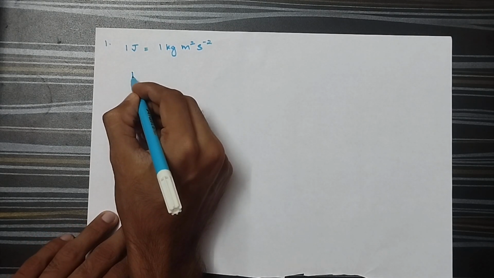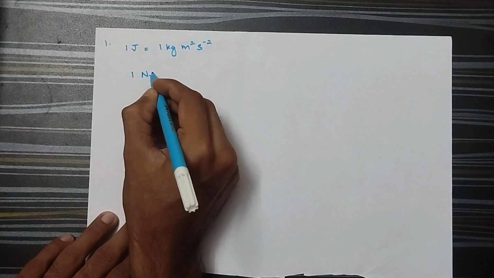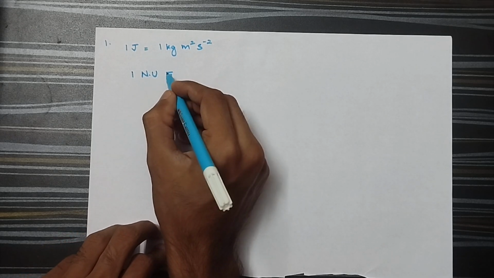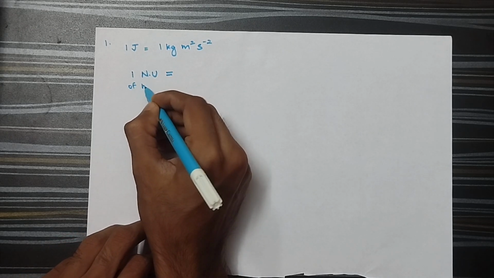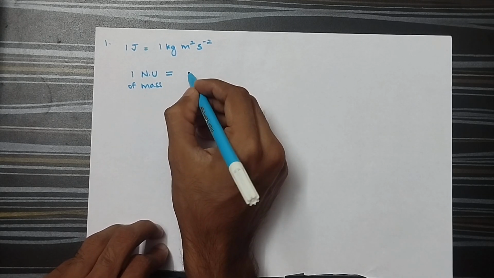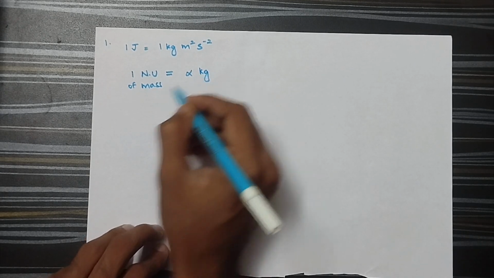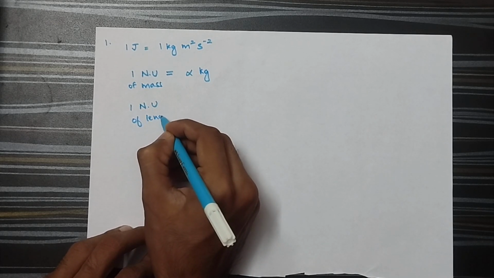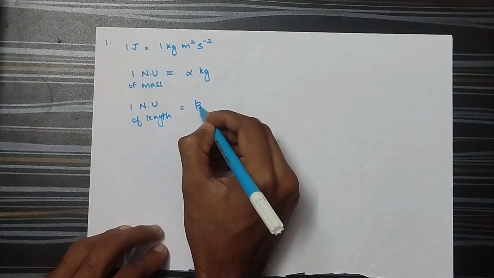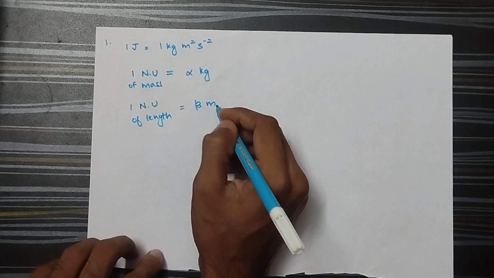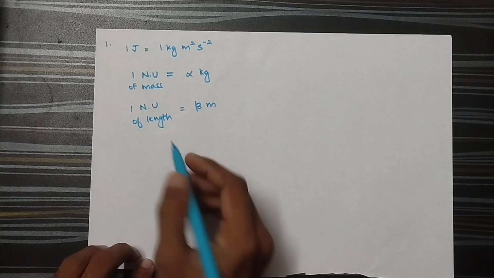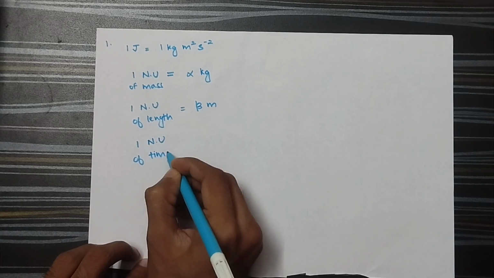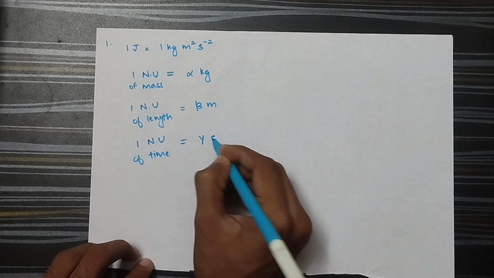So 1 new unit, NU means new unit, I'm just abbreviating it, 1 new unit of mass is equal to alpha kg. 1 new unit of length is equal to beta meter, right? And the new unit of time is equal to gamma second.